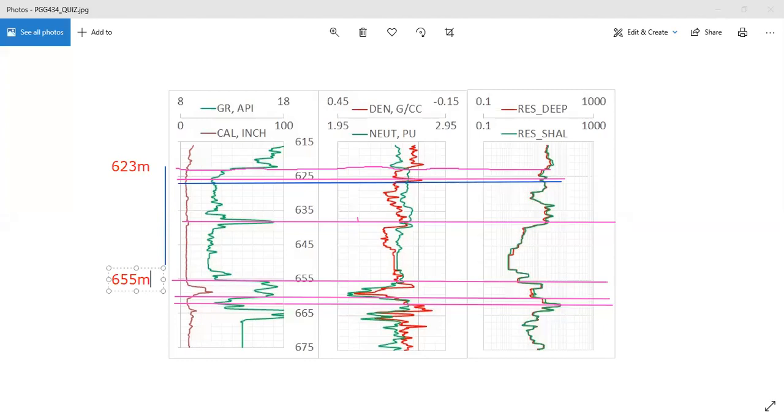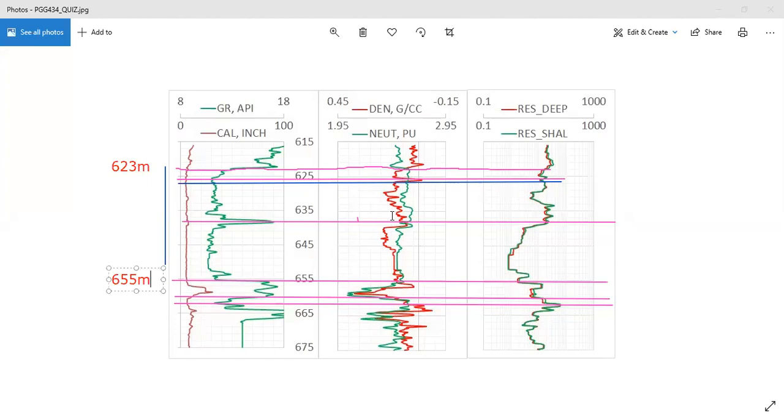Yes, I have, sir. So have you been able to follow what I did now? I got lost at a point, sir. Okay, which point? I figured out you were using the density neutron log to find the sandstone. Yes.